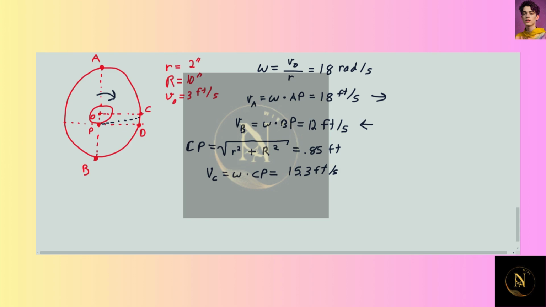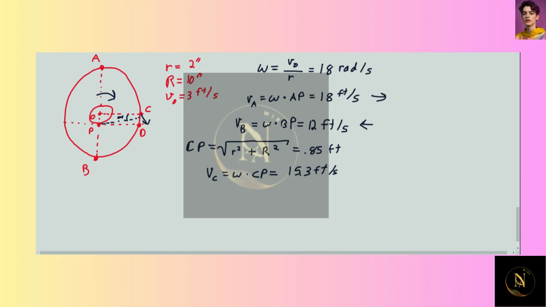And for the direction of this one, we'll have to be a little bit more careful, because this point will be moving down and to the right. And that will be at some angle alpha.